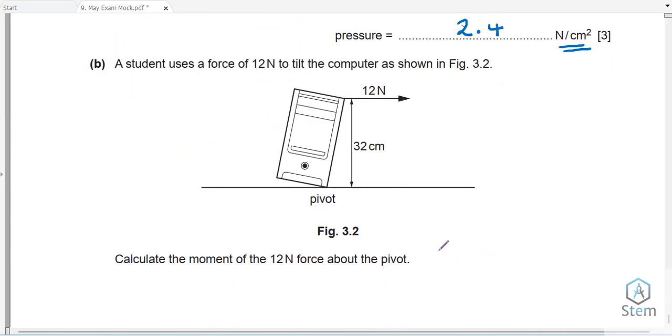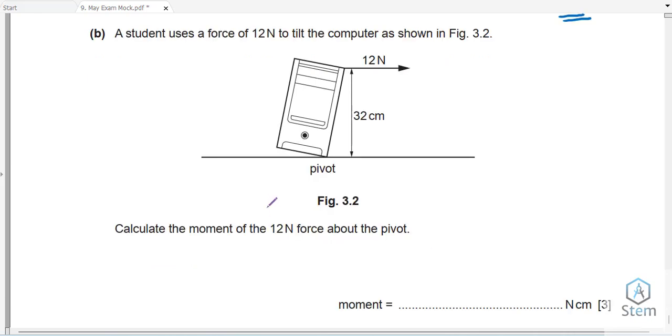A student uses a force of 12 newtons to tilt the computer as shown in the figure. Calculate the moment of the 12 Newton force. We are going to use moment equal to force times perpendicular distance from the pivot.